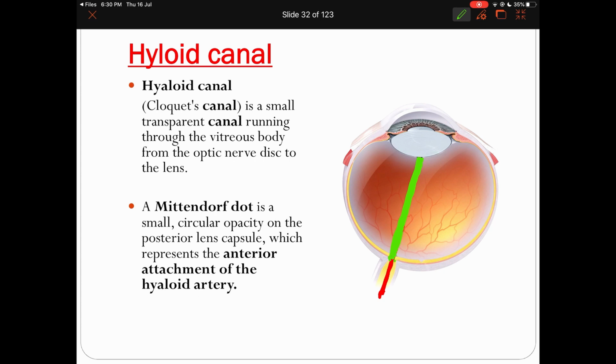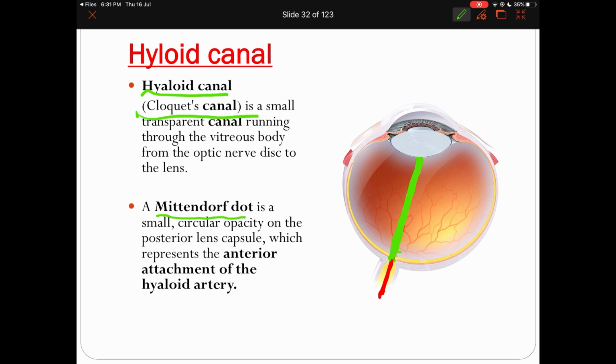A small circular opacity on the posterior capsule of the lens is called the Mittendorf dot. And this empty, transparent canal is called the hyaloid canal.